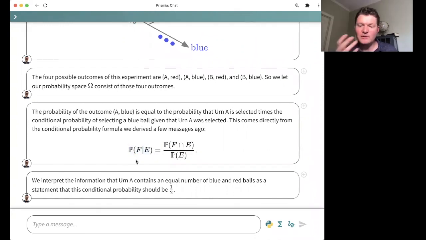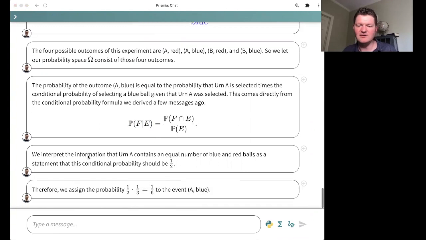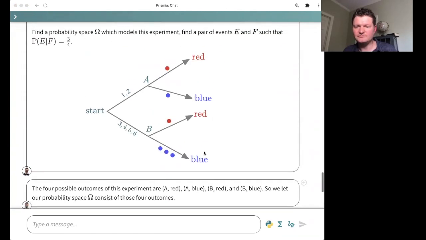So actually the primitive information is this conditional probability, and we work backwards from there to get all of the probability measures. So ultimately we're going to assign a probability of 1/6 coming from 1/2 for the probability of selecting a blue ball times 1/3 for the probability of selecting urn A.